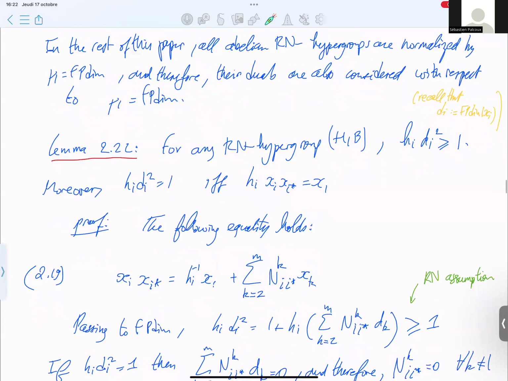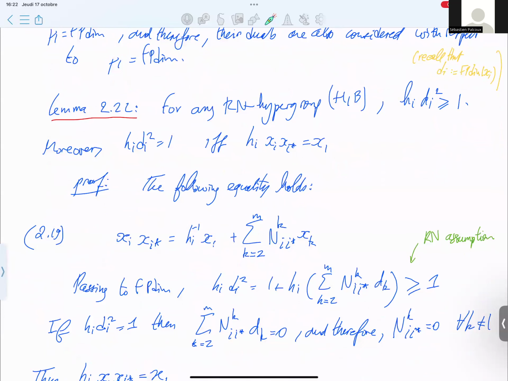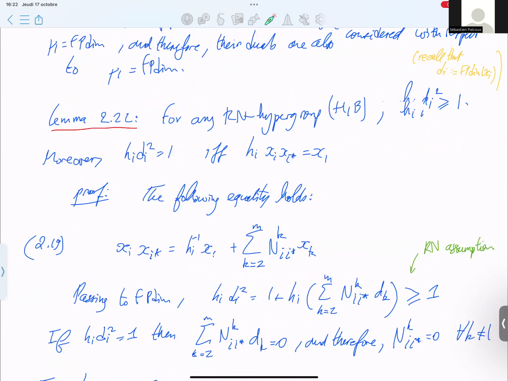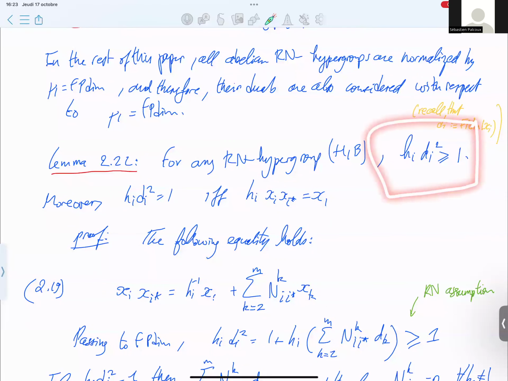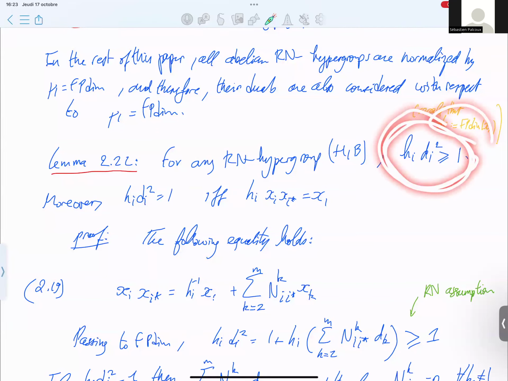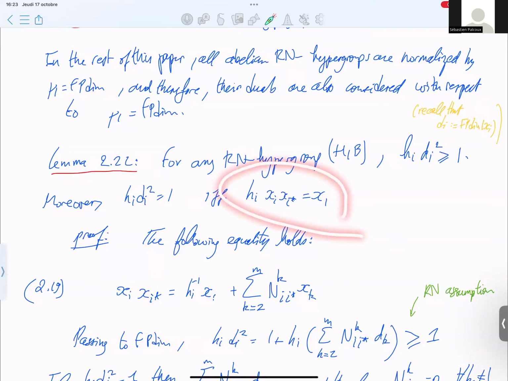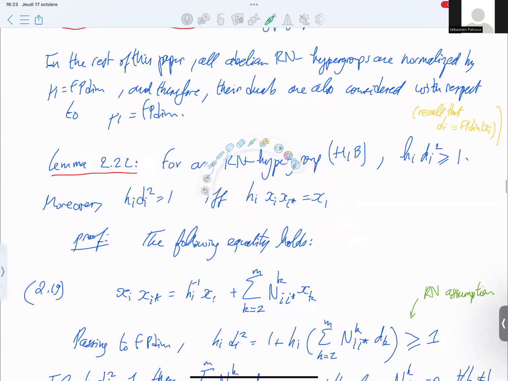Okay. For any real non-negative hypergroup, you take d_i to be the Frobenius-Perron dimension of the standard element, and so this is always greater than or equal to 1, and it will be equal to 1 if and only if we have that, which is the group-like case.